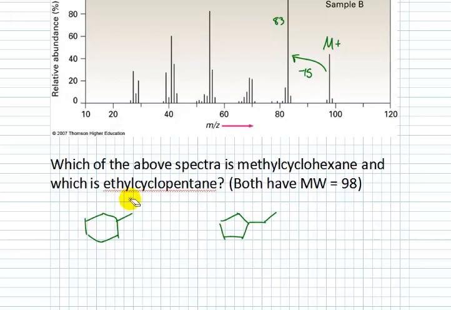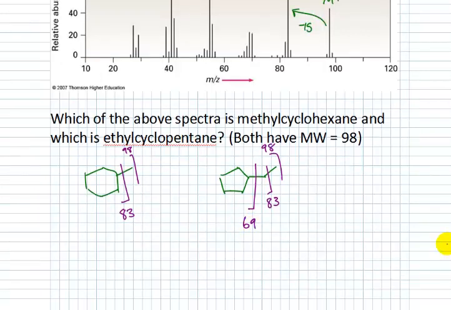The whole thing was 98. Right. If I remove a methyl group from that, that's minus 15. That should give us 83. This whole thing was 98. I can remove a methyl group from it. Get 83. I should also be able to remove another CH2 from this ethyl cyclopentane, right? Minus 14, so 69.